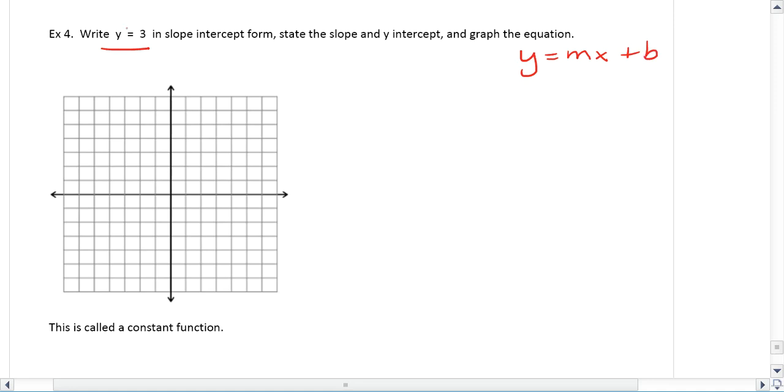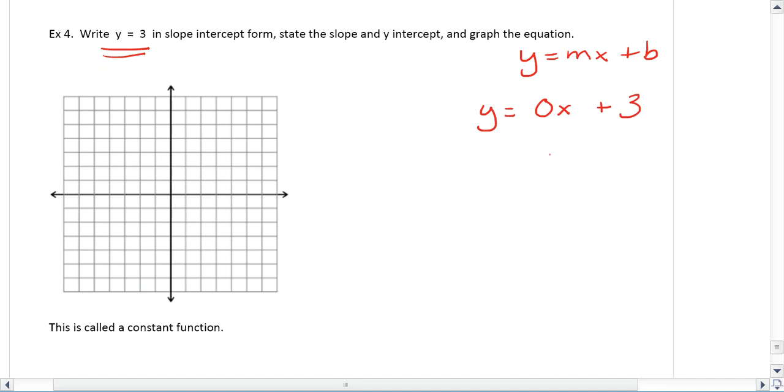And we don't have an x term here. So what that means is that the slope is 0 because 0 times x is 0. So the best I could do writing this in slope-intercept form would be to write y equals 0x plus 3.